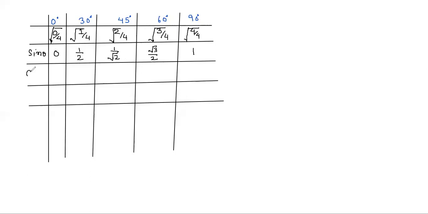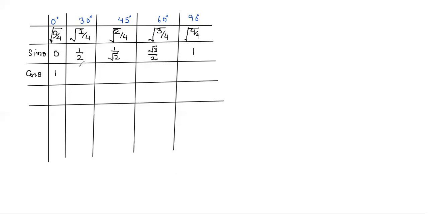Now we want to get the value of cos theta. If you want to write the value of cos theta, just write these values in reverse direction. So whatever you have written at the end, you will start writing from there only.